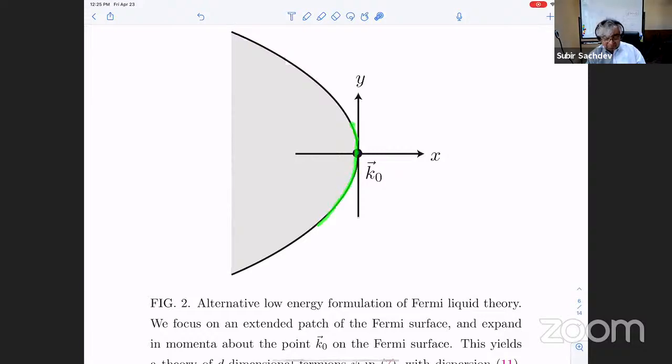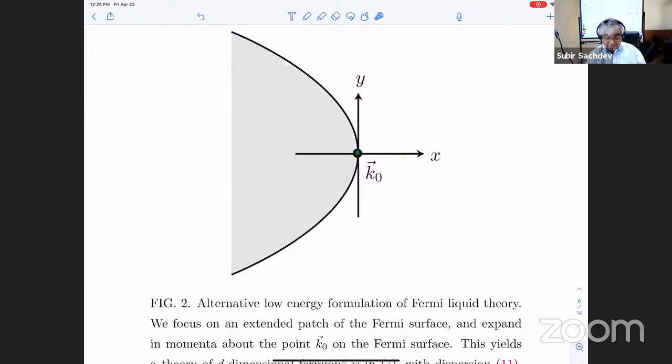It has some curvature. So I picked the point K naught and I defined my axes so that X is perpendicular to the Fermi surface and Y is tangent to the Fermi surface. If I was in 3 dimensions, Y is a 2-dimensional coordinate. If I'm in 2 dimensions, Y is a 1-dimensional coordinate. X is always a 1-dimensional coordinate.